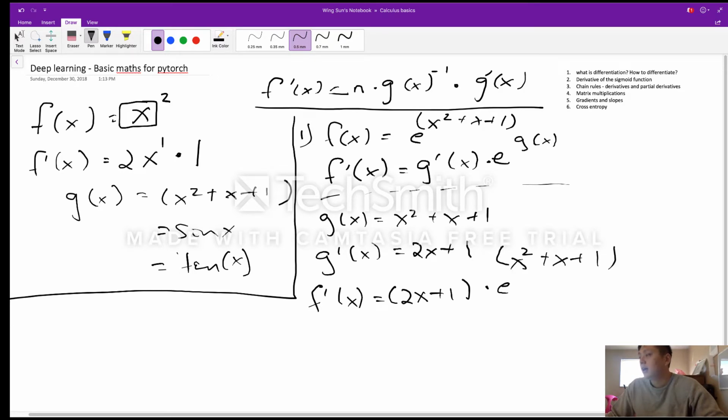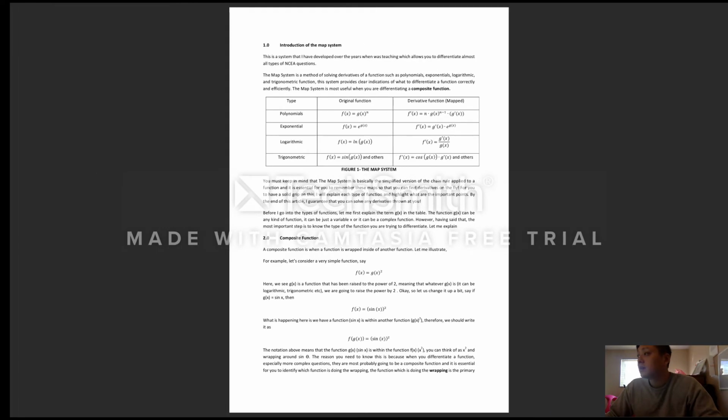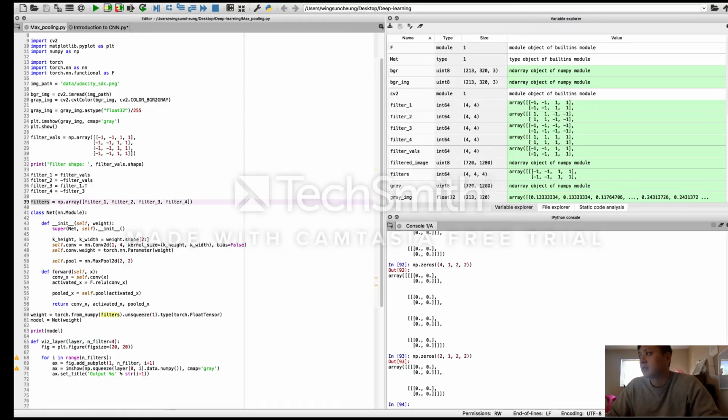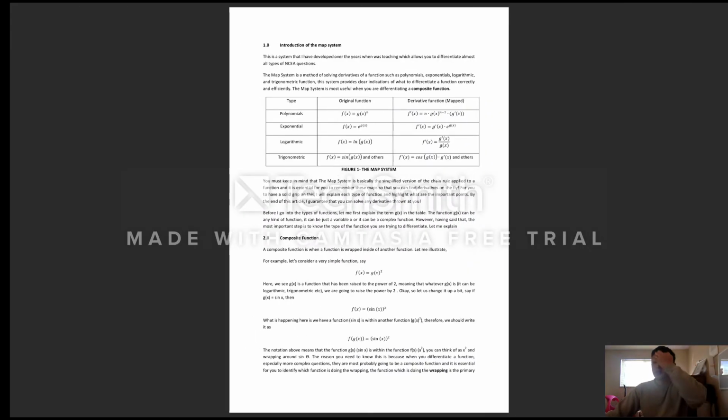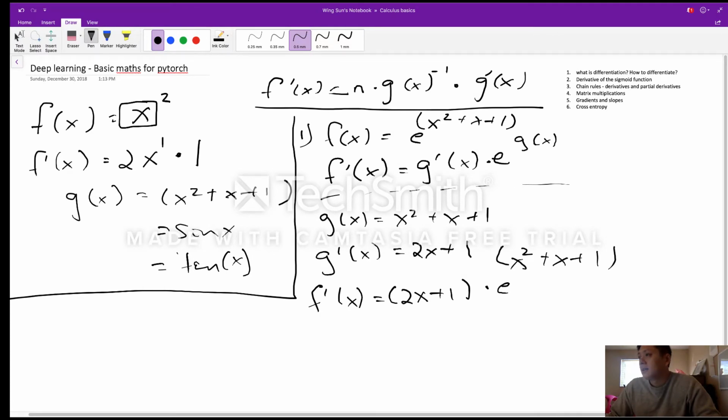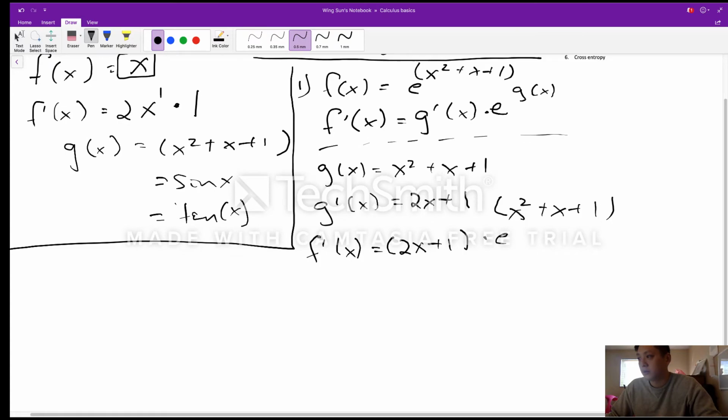Now this derivative is used to derive the sigmoid function, because the sigmoid function is basically just exponentials. But it's not as simple as this. Well, it is simple, but the simplification part after the derivative, I would say that's the hard part to digest.